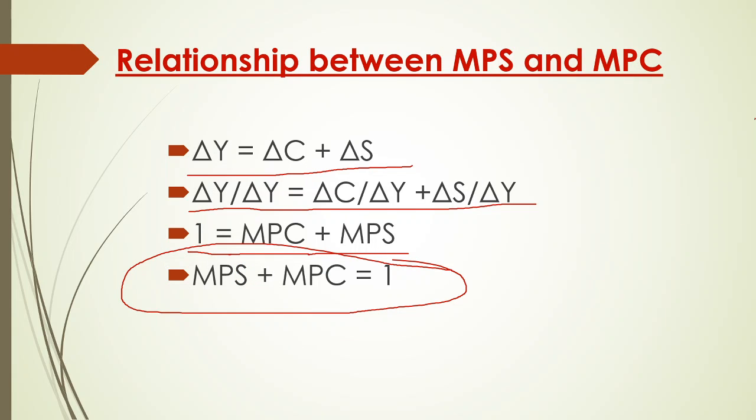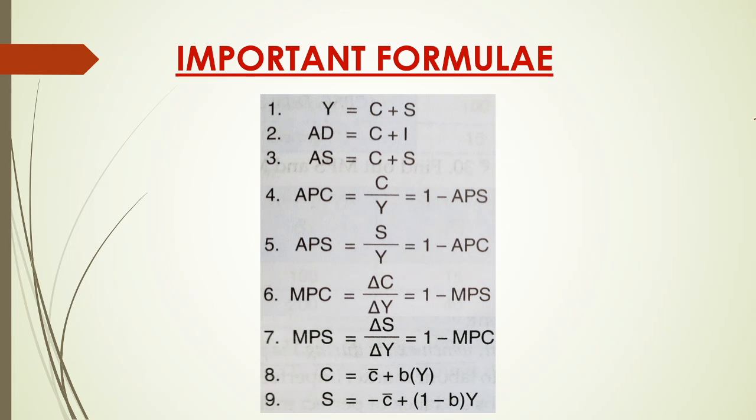Again, this is the relationship between MPS and MPC: if we sum up both MPC and MPS, we will get 1 again. So these are some of the important formulas. We have discussed half, right? Now we can discuss till 7, I think. You need to keep in mind all these formulas in order to do sums.